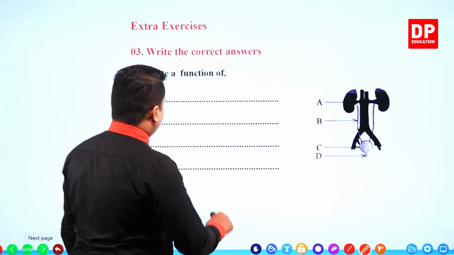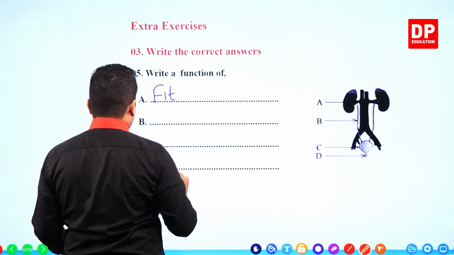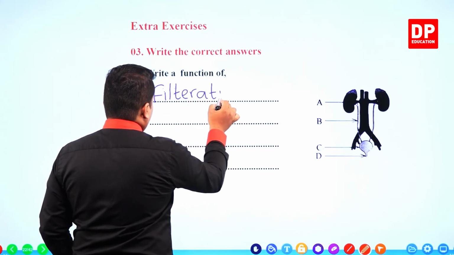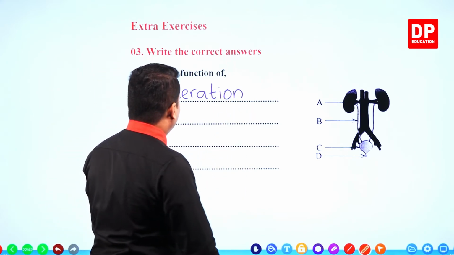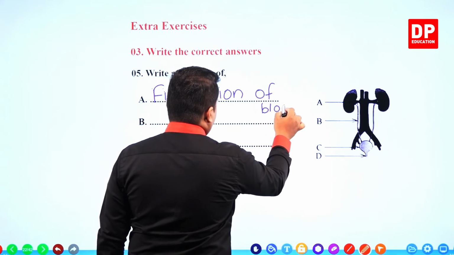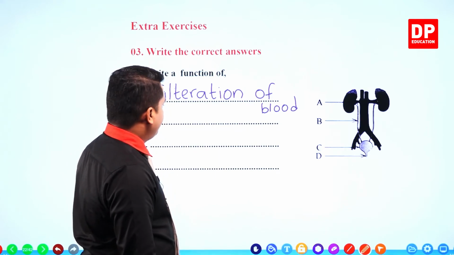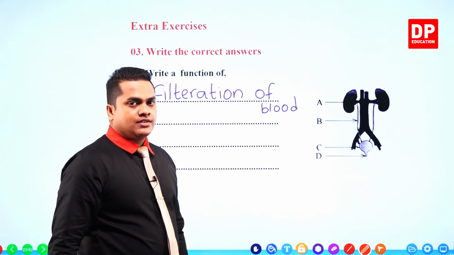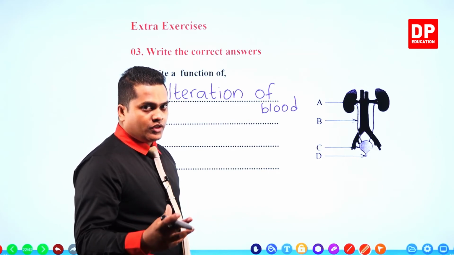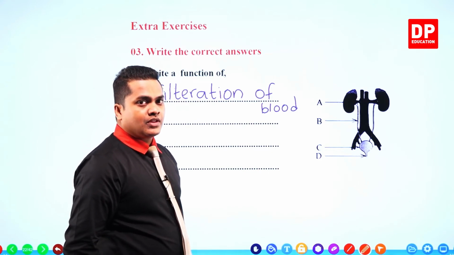So we can write filtration of blood, right? Filtration of blood. B is the ureter. Transporting of excretory substances or the urine which is getting created towards the bladder is happening from the ureter.